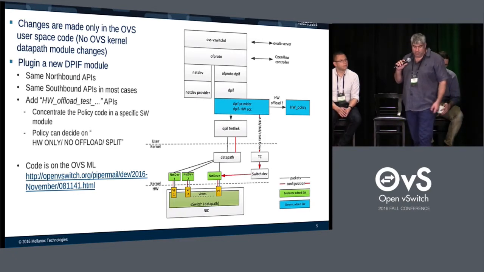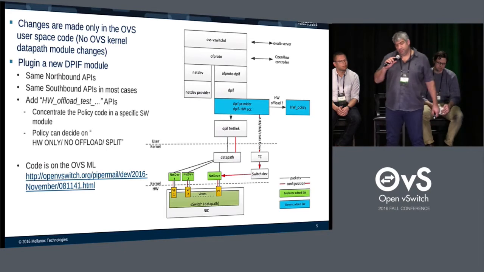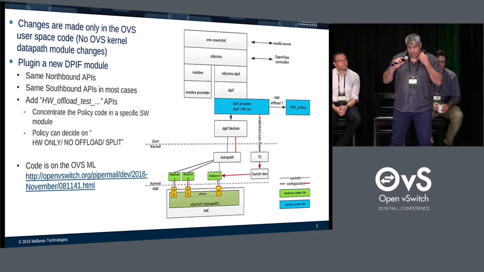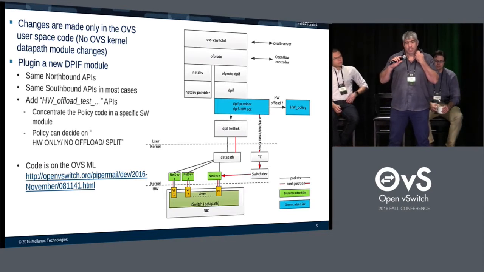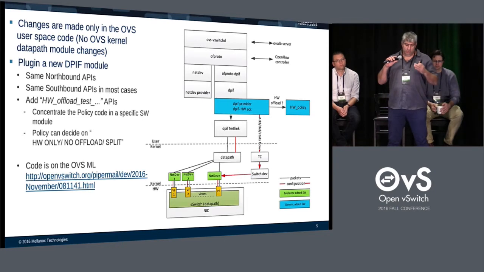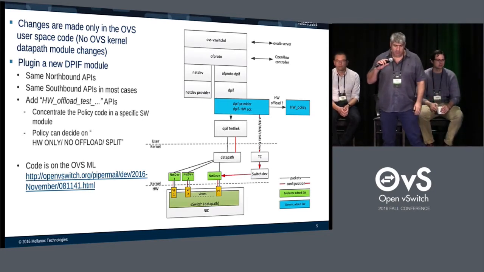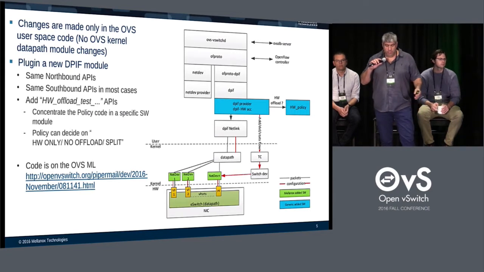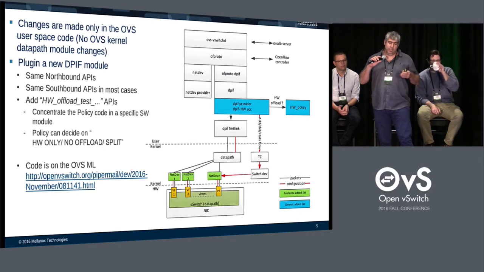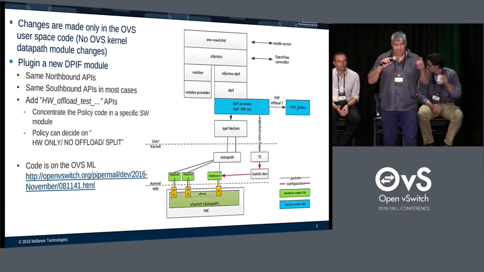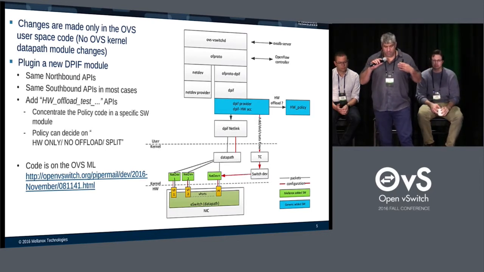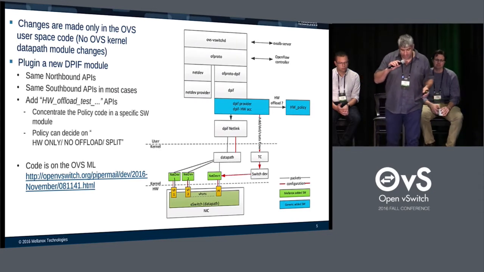So the idea is to use, you see the blue box inside the OVS, the DPIF layer, and we want to continue using the old one, the Netlink DPIF. So we're adding another DPIF that wraps the old netlink one.